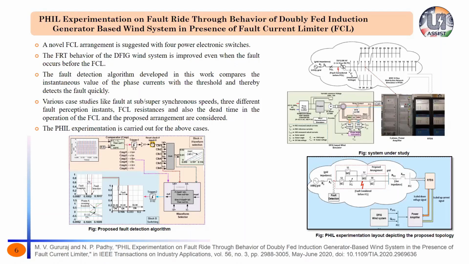So with this objective, this current limiter will be switched depending upon the various circumstances that have been designed in the work. The algorithm presented here basically detects the fault current by comparing the instantaneous values of the measured current with the threshold value. So that was the solution proposed here.